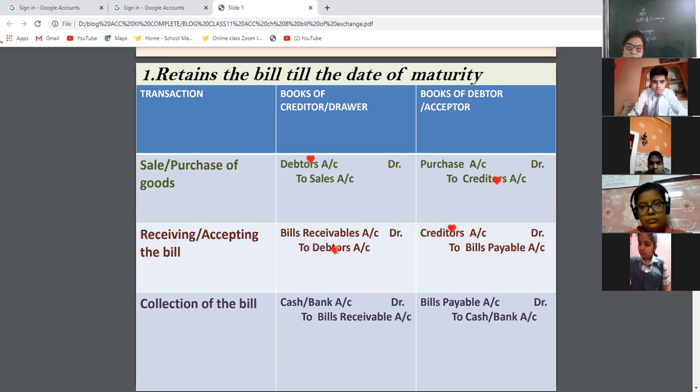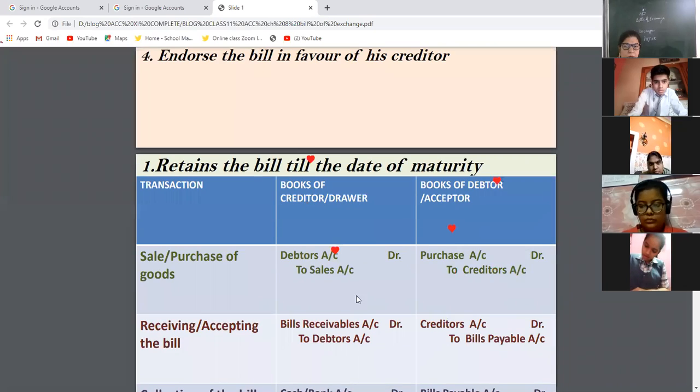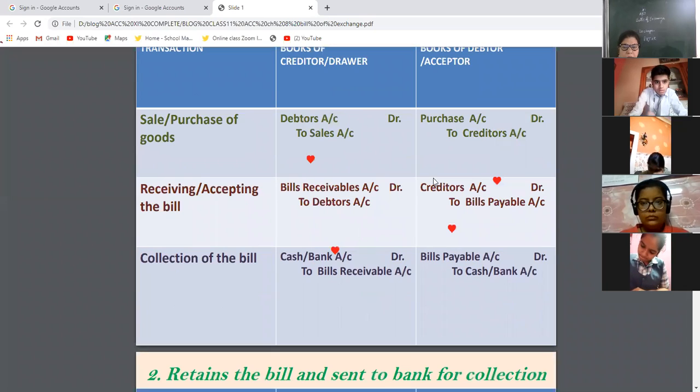Bills receivable to debtors, bills received, and creditors to bills payable, narration bill accepted. And then on maturity, because this is the first case, the payment will come through cash or bank. Bills receivable is going out. Now I am telling you the easiest way: debtor debit, debtor credit, cancel. The ultimate entry is cash debit to sales.